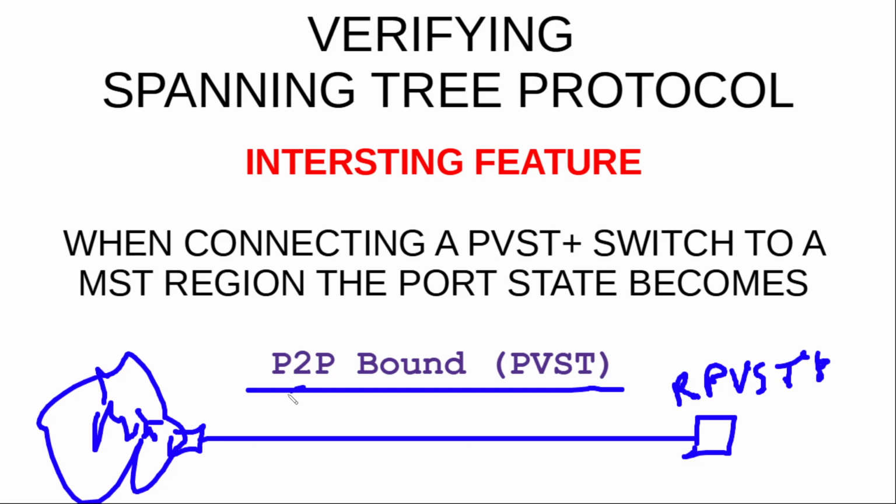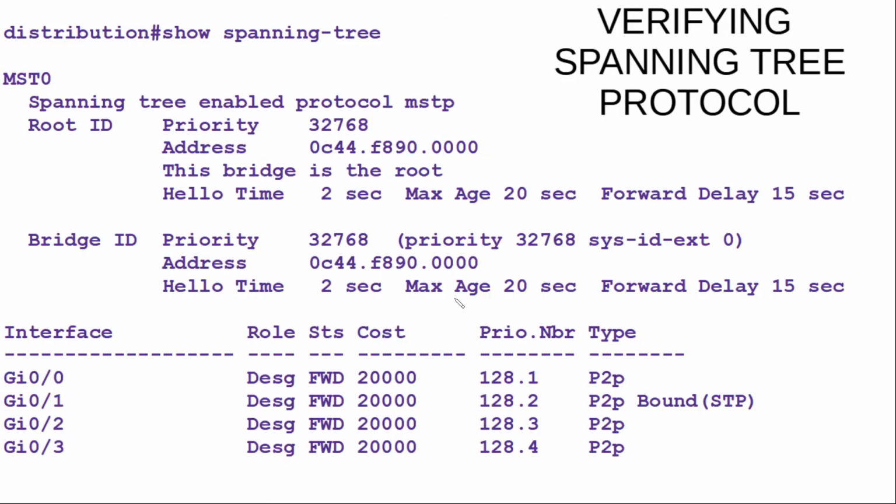You are going to see this when issuing this command, P2P bound PVST. Now, when issuing this command, you're going to get this output for every region. So if you have 4 regions configured, you will see this output multiplied by 5, because you are going to be shown first the MST 0 for instance 0.